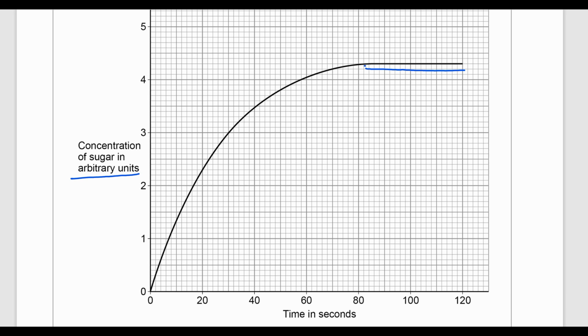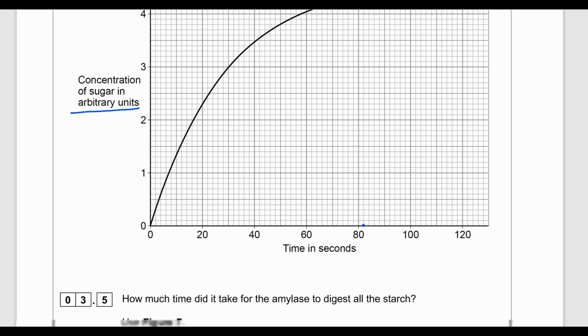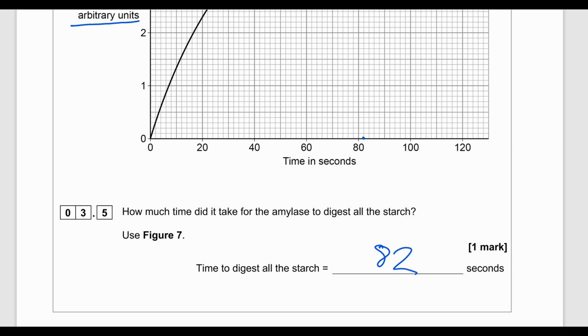So we'd have to look very carefully on our graph now to figure that out. So when is the moment that it becomes horizontal? Looking carefully, we can see that it's going to be a time of just after 80 seconds. So you can say 82 seconds is where all the starch had been digested.